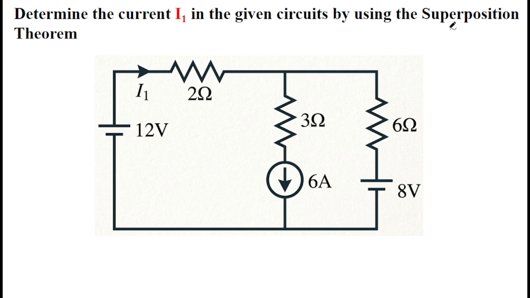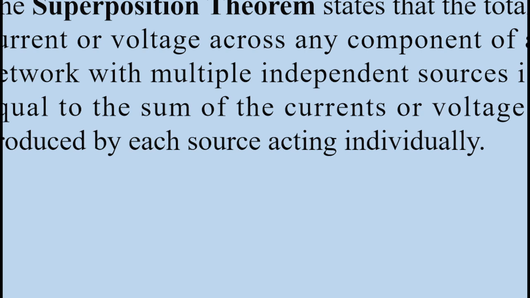Let us see the statement of the superposition theorem. It states that the total current or voltage across any component of a network with multiple independent sources is equal to the sum of the currents or voltages produced by each source acting individually.